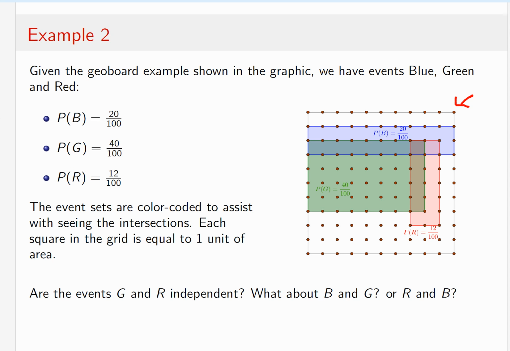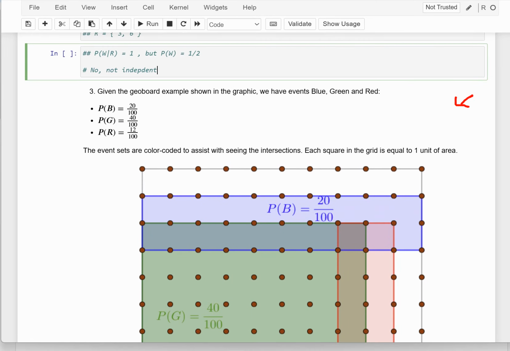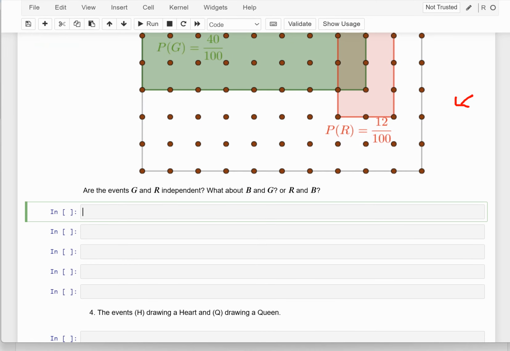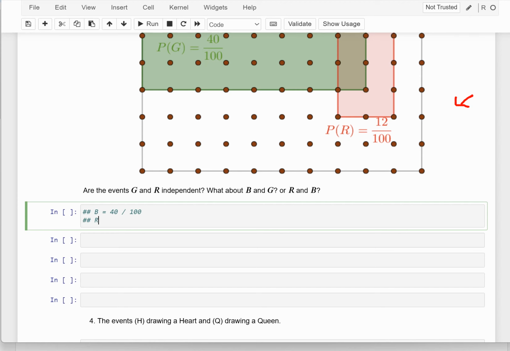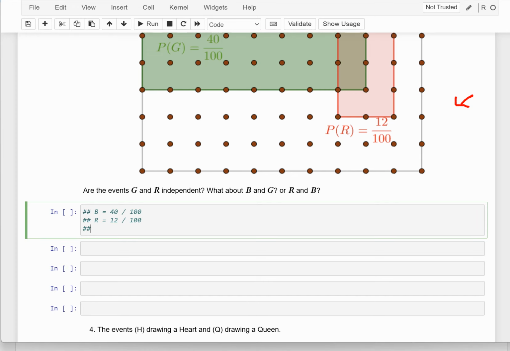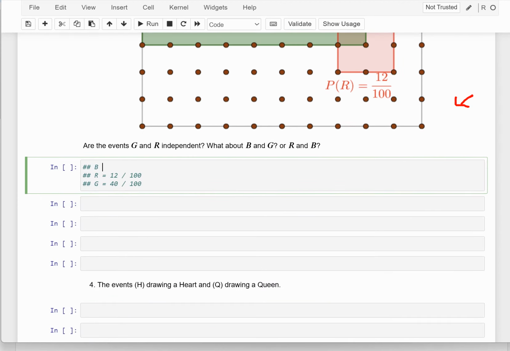Okay, so let's jump in and try to sort this out in the notebook. We have everything we need here. In the comments, I'm going to remind myself that green is equal to 40 over 100, red is equal to 12 over 100, and blue is equal to 20 over 100.